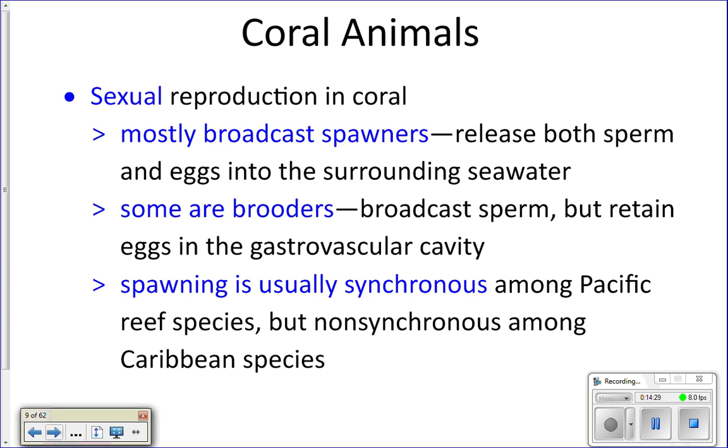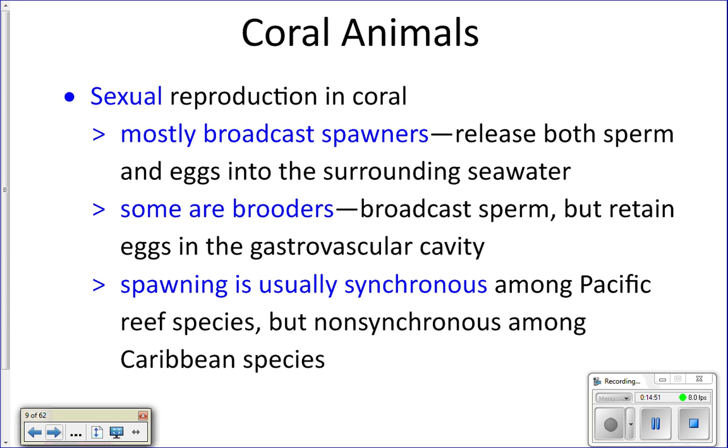Kind of weird, but in many Pacific reef species, you get synchronous spawning. Like in the Great Barrier Reef, all of the corals spawn at the same time, meaning on the same night. It's coordinated with the phase of the moon and the water temperature.